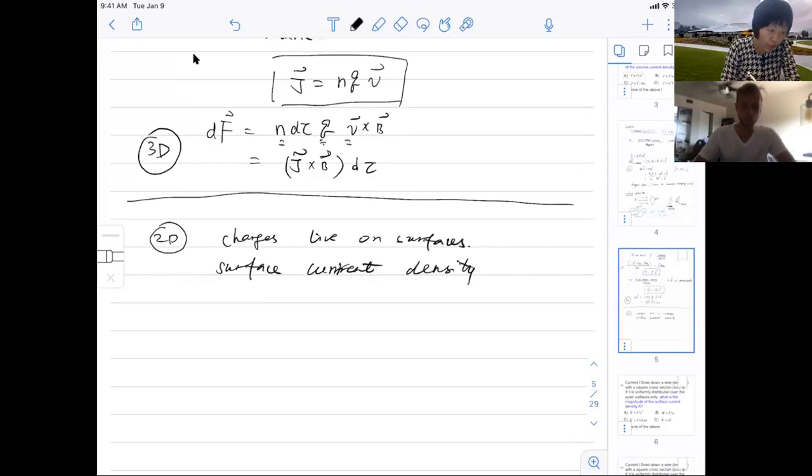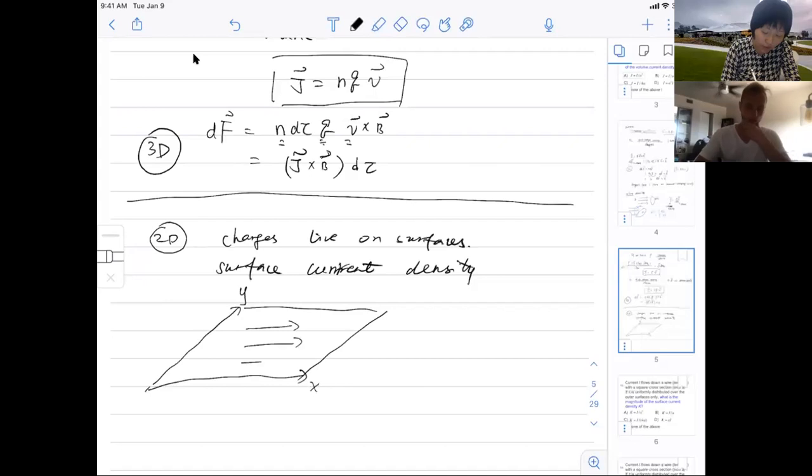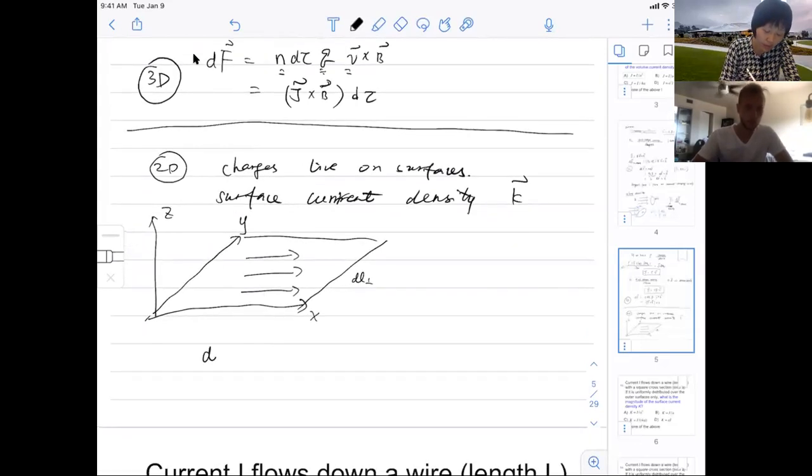Take the XY plane, X and Y, with current flowing on the XY plane in the positive X direction. The distance across which the current is flowing is called dl perpendicular. We call the surface current density K, and define K as dI over dl perpendicular.